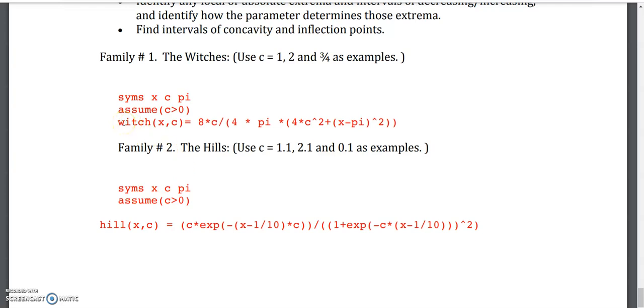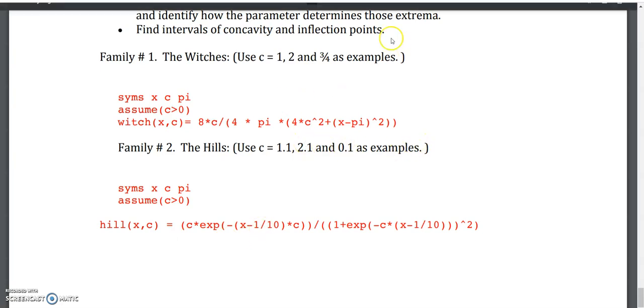Previously we had bell, now here we have which and hill. Change the function, and you have to analyze the function for c is equal to 1, 2, 3 over 4 for which, and 1.1, 2.1, 0.1 for the hill function. Previously we had 1, 2 over 3 and 3, but here we have different values of c.